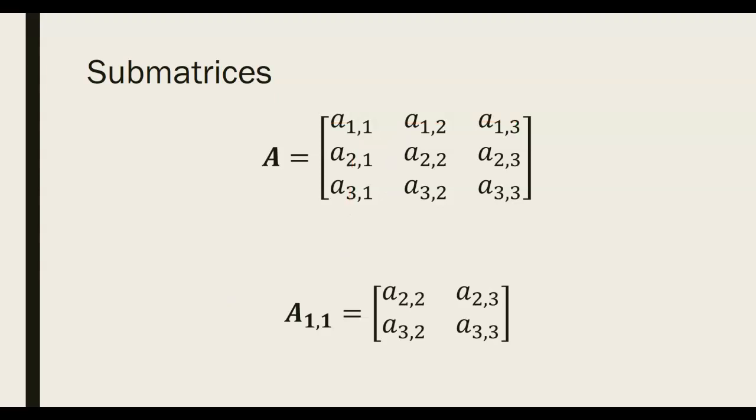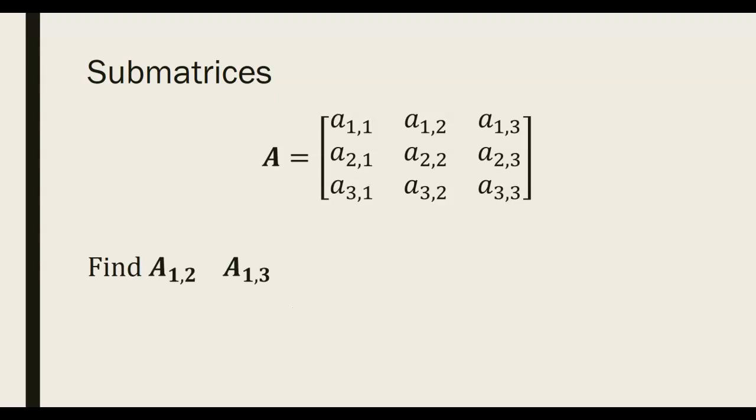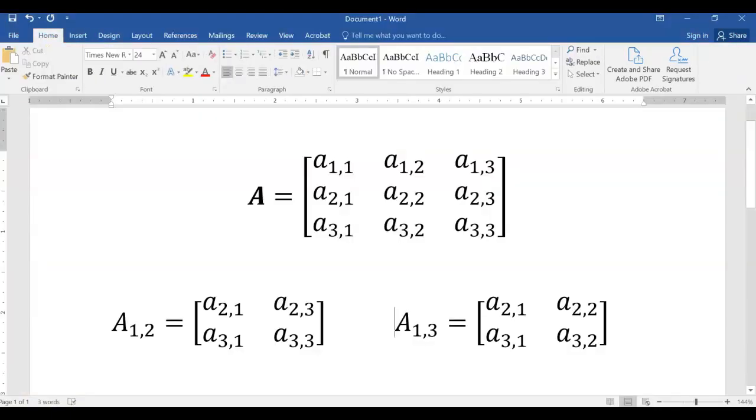I want you to go ahead and find A sub 1, 2, and find A sub 1, 3. Push pause on the video and do that. All right, hopefully you went ahead and did that. So here's basically it.